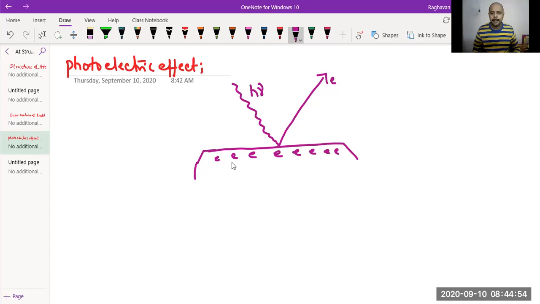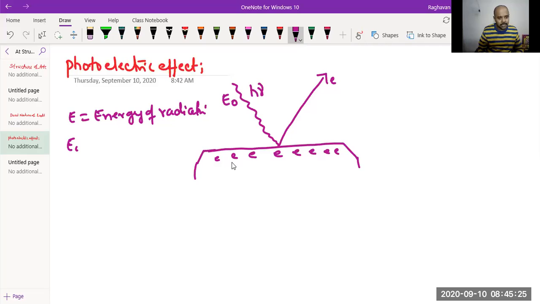Now, what is that particular radiation energy which removes the electron called? That is called threshold energy. So what should be the energy of the radiation? E should be the threshold energy, for which we give the symbol E naught. The naught is written for threshold energy. E is the energy of the radiation, any energy. E naught is the threshold energy.